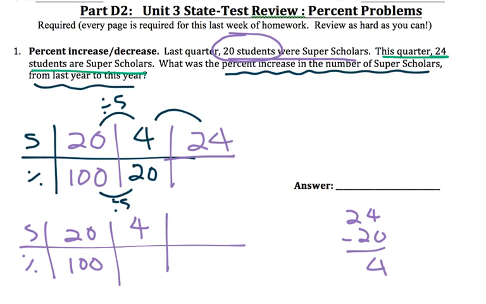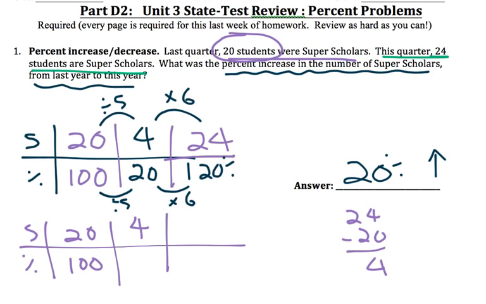And now I know that 4 times 6 would equal 24. So let's do the same thing down here, which would be 120%. The answer isn't 120%. The answer is how much it changed. It started at 100%. It went up by 20% to get equal to 120%. So the answer is a 20% increase.